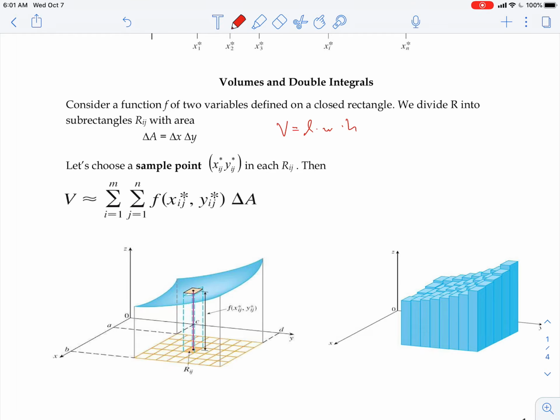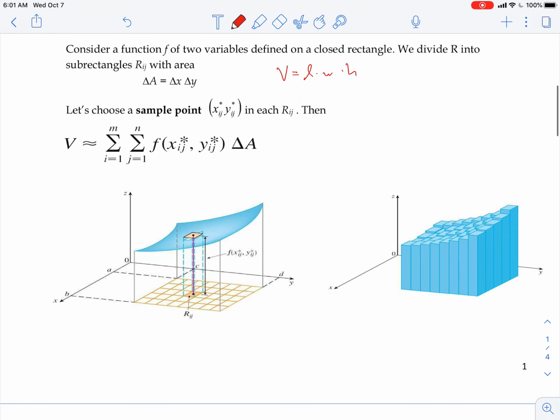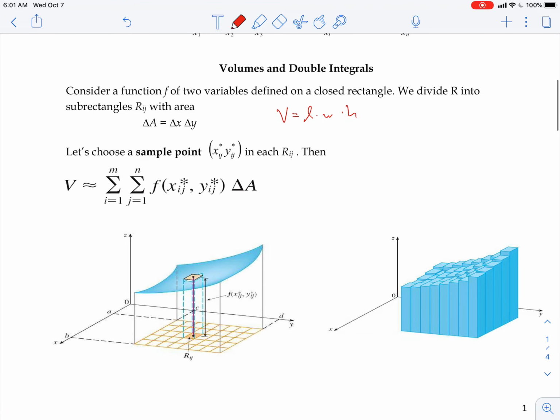Just like how we found area for each of these little rectangles, we're finding volume for each of our little prisms that we're going to make underneath our surface. And in order to do this, we're going to multiply the area times the height. And so here's our little Riemann sum.